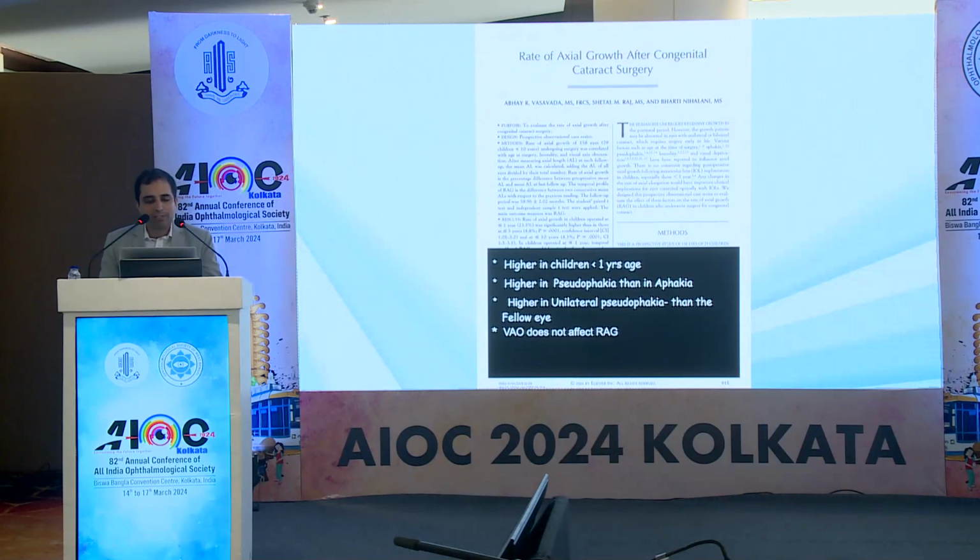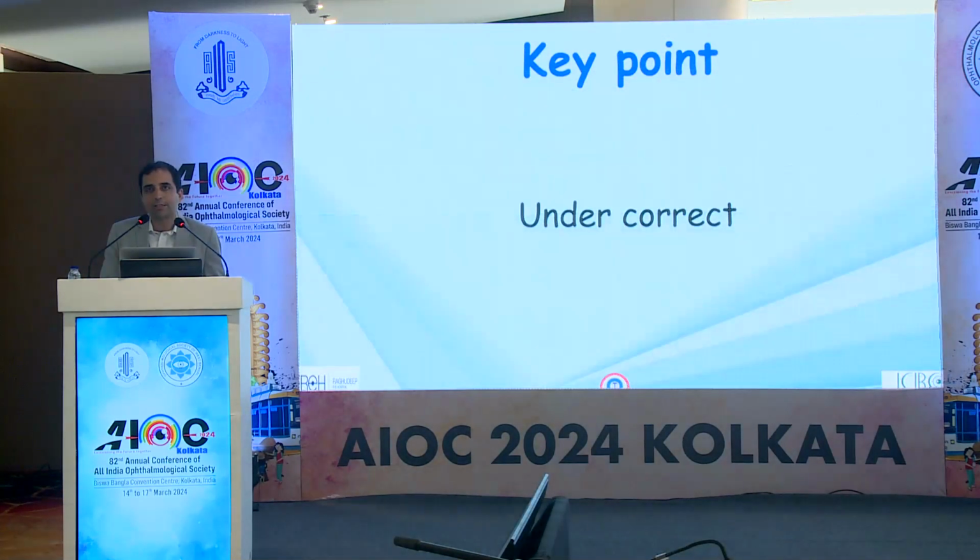It's also more in children less than 1 year, and it's higher in pseudophakic eyes compared to aphakic eyes. And the rate of axial growth is higher in a unilateral pseudophakia, which means a unilateral pediatric cataract, compared to the normal non-operated eyes. So unfortunately, the eyes do behave a little abnormally.